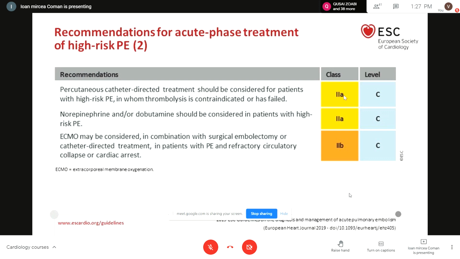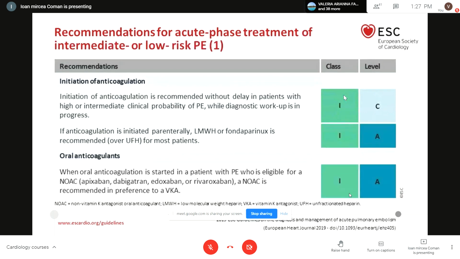So this can also be used. It has been used also in our institution a couple of times. You see that the indications for norepinephrine, ECMO, and so on are 2A or even 2B. So not everybody is sure that using them brings a real benefit.